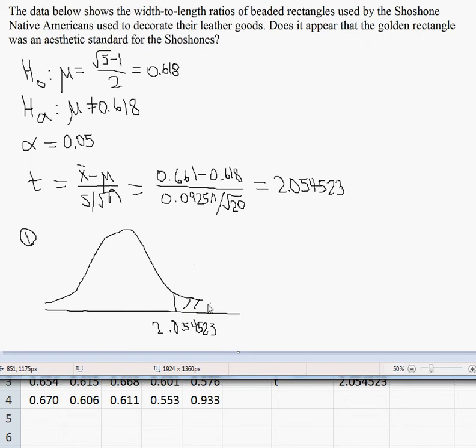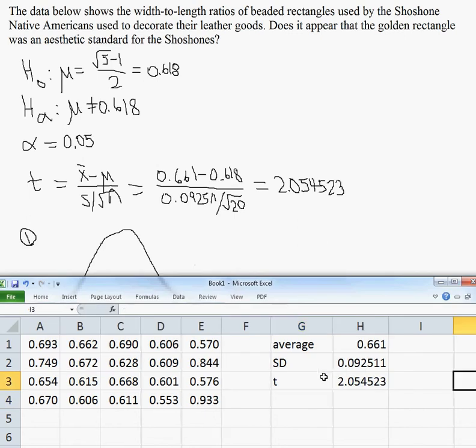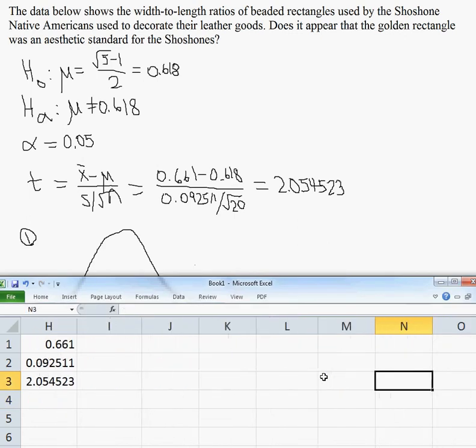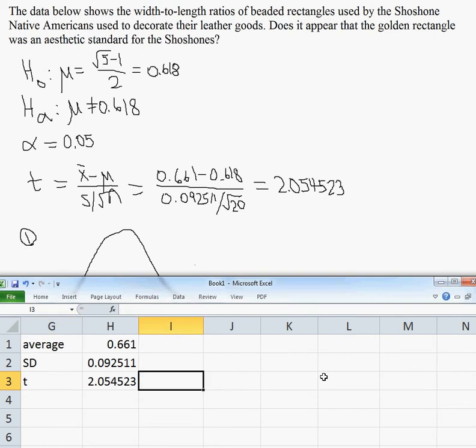And so I need the area to the right as well as the symmetric area to the left. The combined area would be the p-value. Now how do I get that?